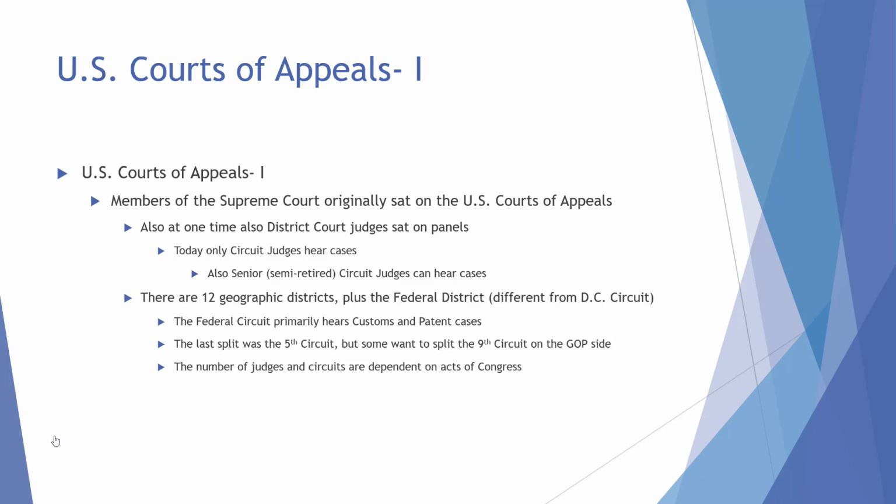So let's move on to the last third of our lecture today, looking at the lower federal courts. So the U.S. Courts of Appeal. Members of the Supreme Court originally sat on the Courts of Appeal. Also, at one time, district court judges sat on the Courts of Appeal. Today, only circuit court judges do that, but we have what are called senior judges who can sit on panels as well. Those are people who take senior status.